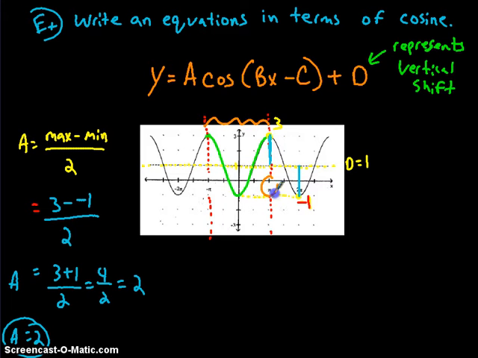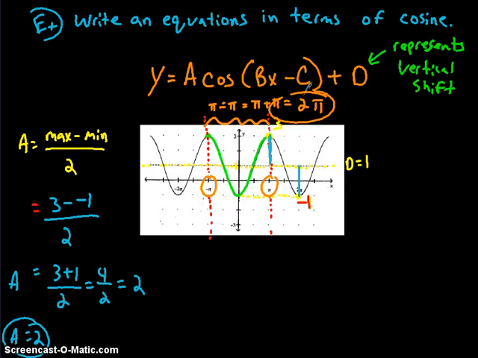It's taking this number, subtracting backwards. So it's going to be pi, subtract negative pi, so it means pi plus pi. 1 pi plus another pi is 2 pi's. So that period is also 2 pi.